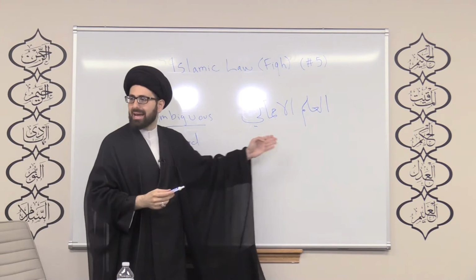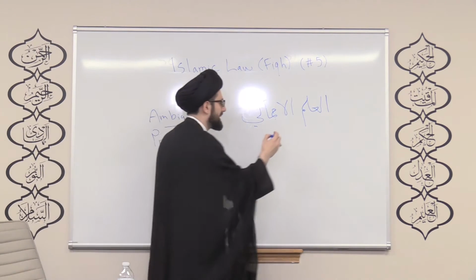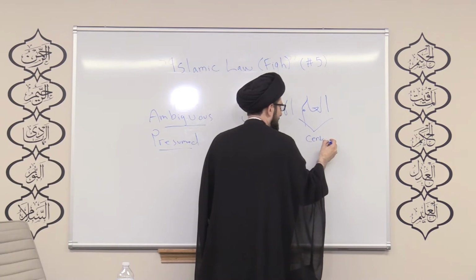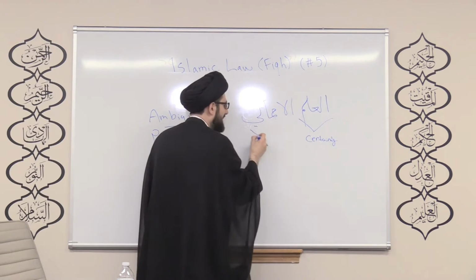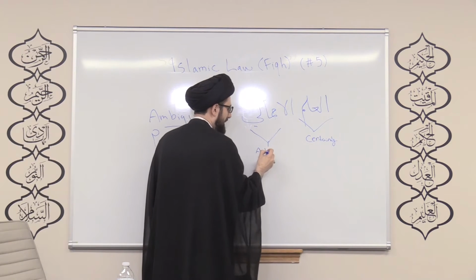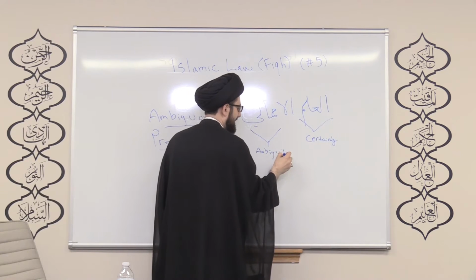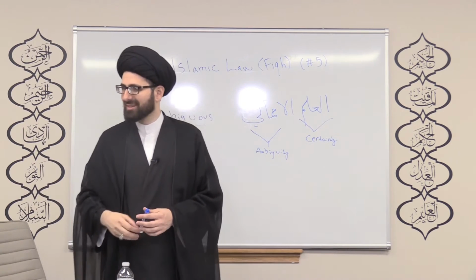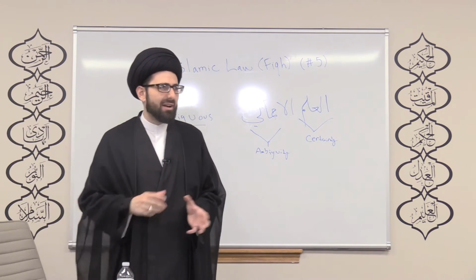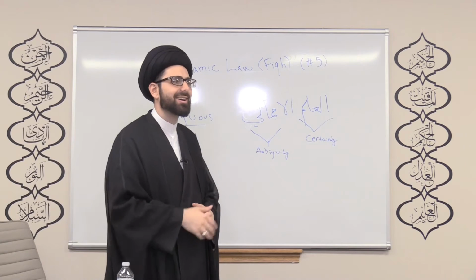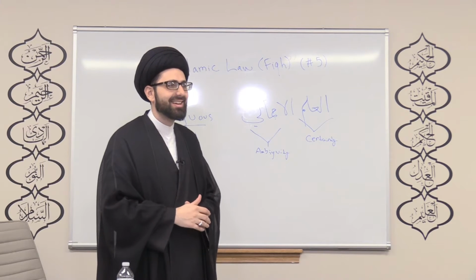Ilm al-ijmali has 2 parts. One of it is ilm, which means there's certainty. The second part is ambiguity. Is this a contradiction? That you have ambiguous certainty? Why not? Why is it not a contradiction? Because you're certain there's some ambiguity.